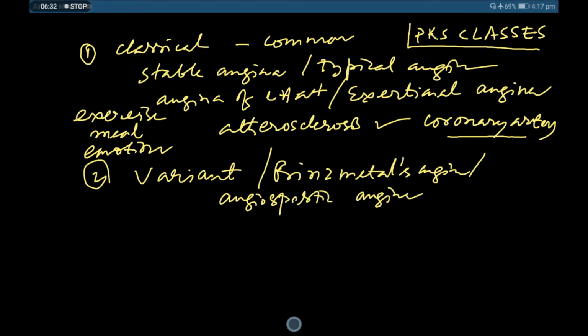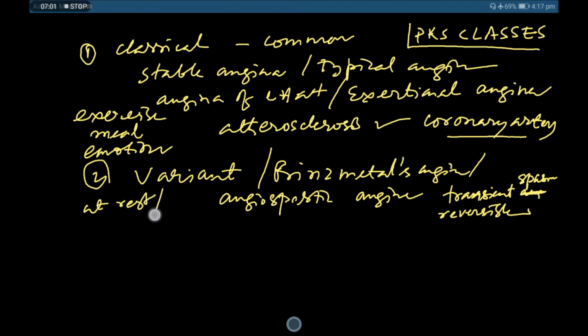Here there is a transient spasm for a small period of time, and this is reversible. So there is reversible coronary vasospasm, and this can occur at rest or during sleep, and this is uncommon, while classical angina is common.